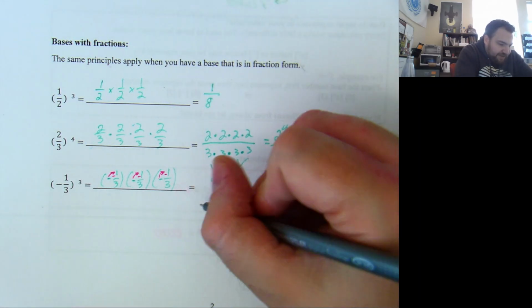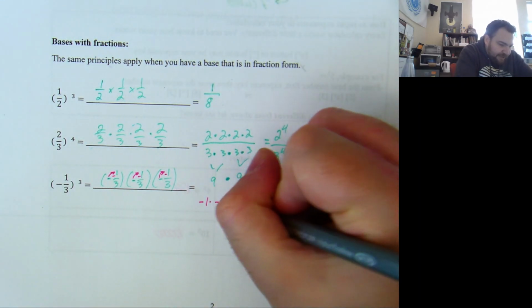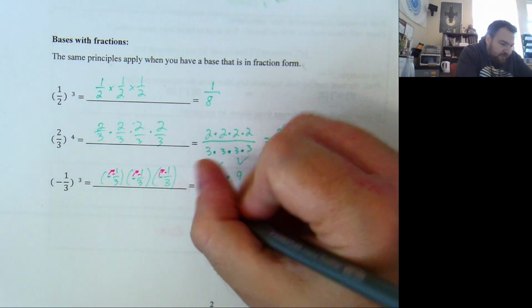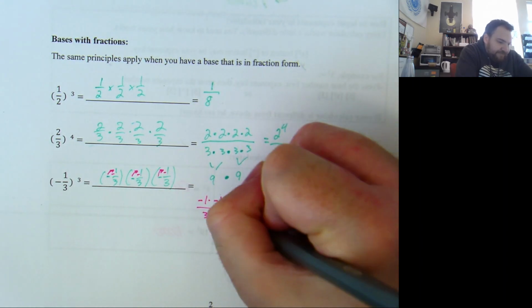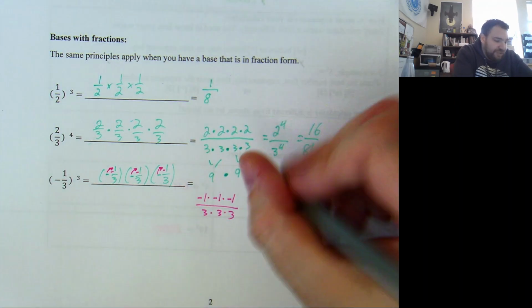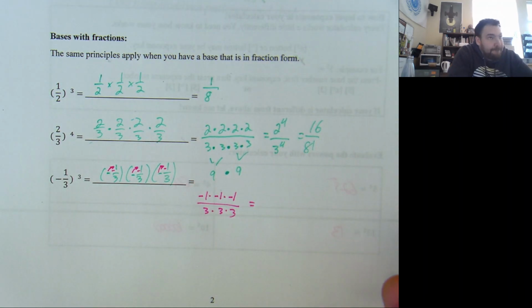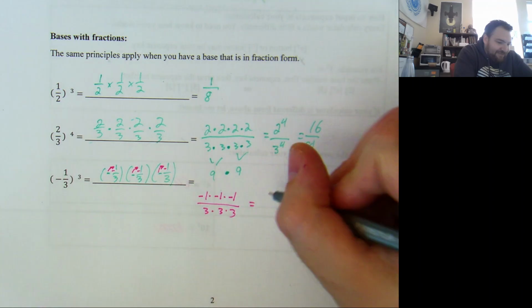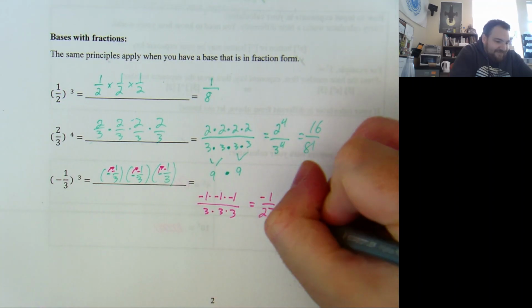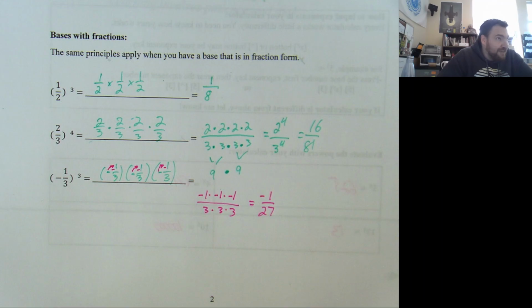So this is just going to give us negative 1 times negative 1 times negative 1 over 3 times 3 times 3. Which is going to be what? So close. Negative 1 over 27. There's three negatives.